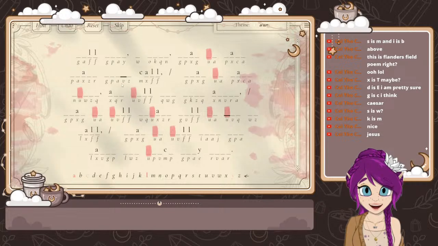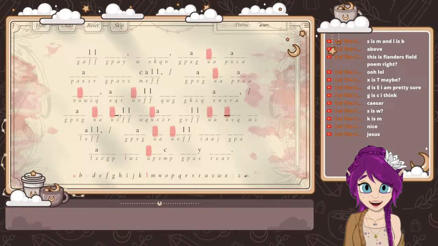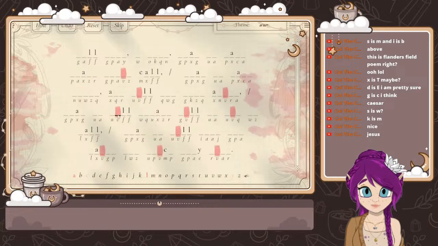This one starts quite a few of these double letters. This word is repeated like four times.